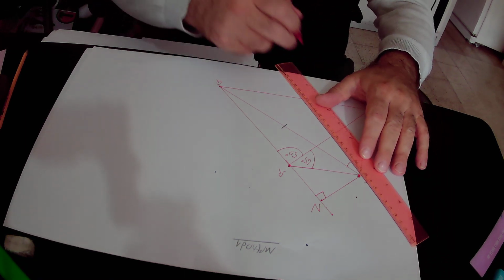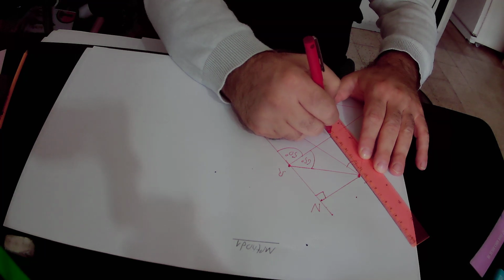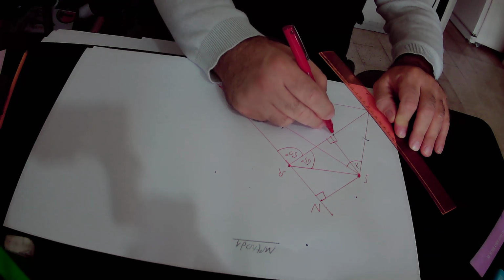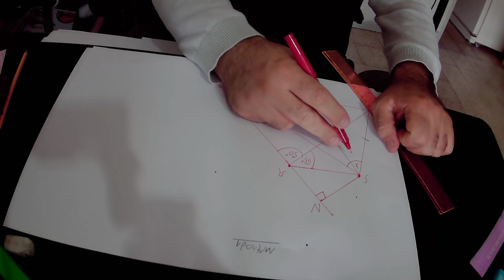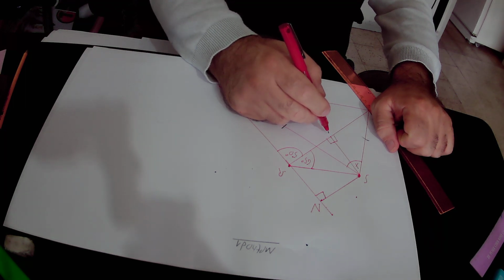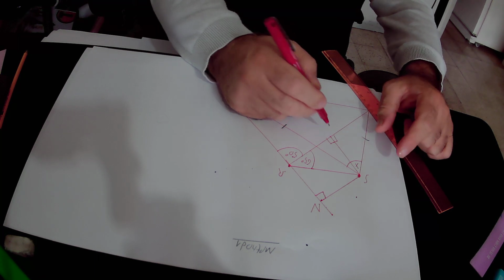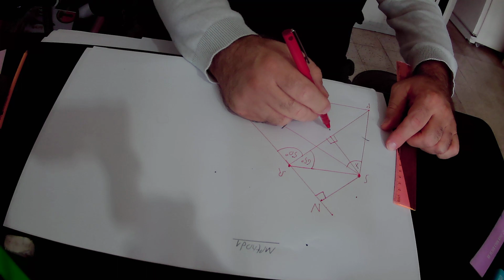Here this angle is a right angle, it equals 90 degrees. This angle is also a right angle because from point S we draw a perpendicular, and we will define the touching point between the perpendicular and PR as point M.